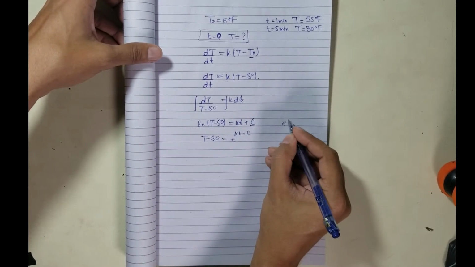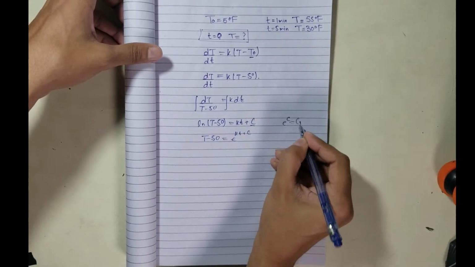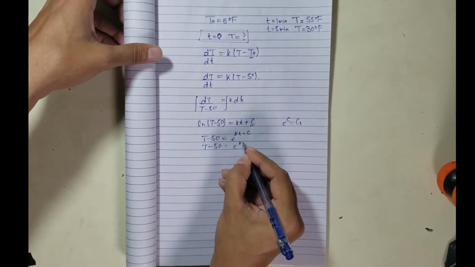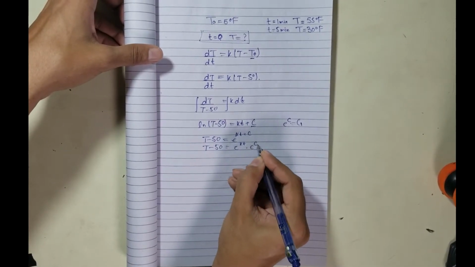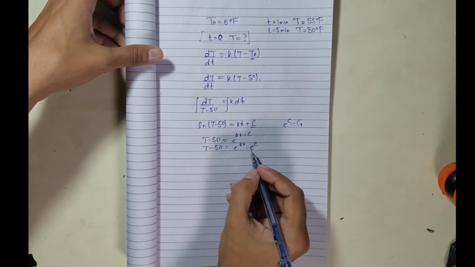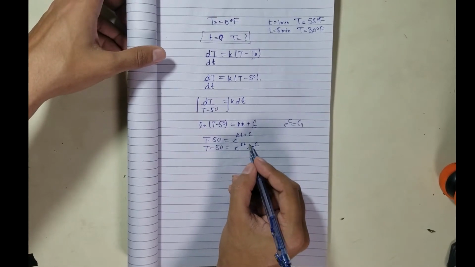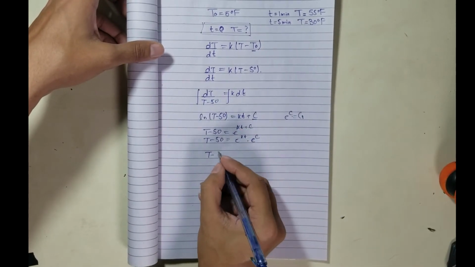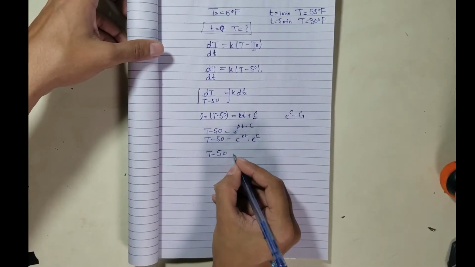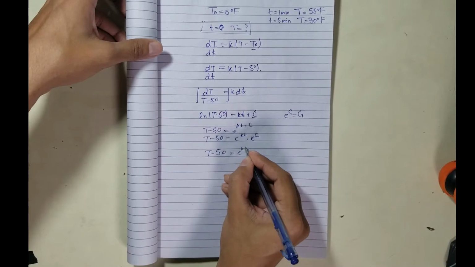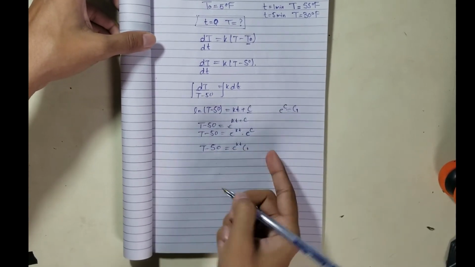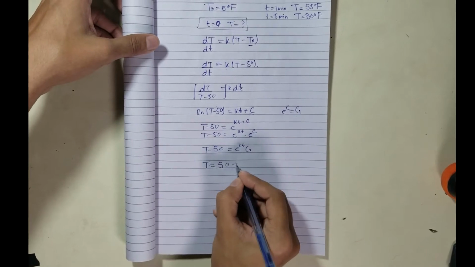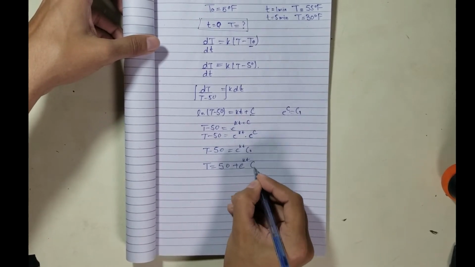Putting e raised to the power c equal to c1, a new constant, T minus 5 is equal to c1 times e raised to the power kt. Now moving 5 to the right hand side, T is equal to 5 plus c1 e raised to the power kt.